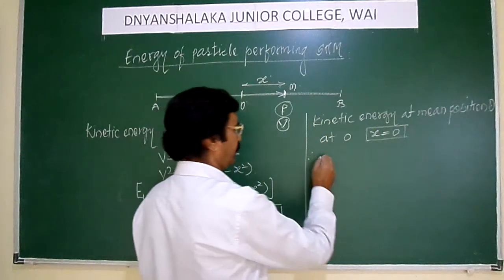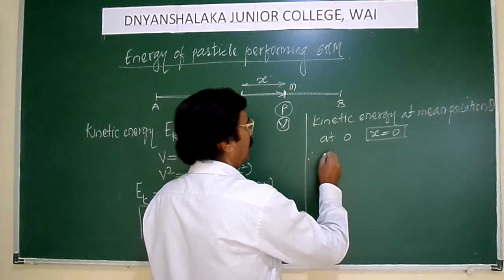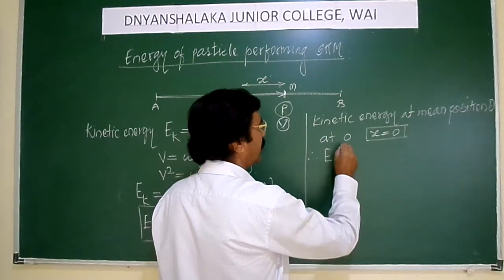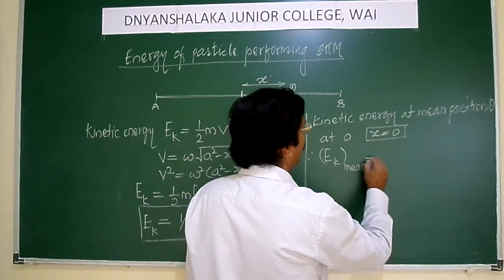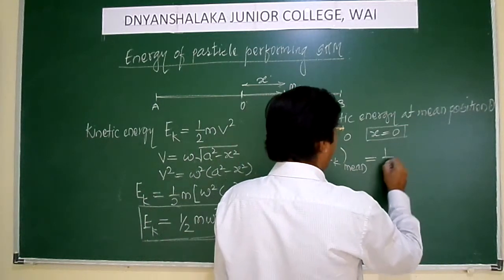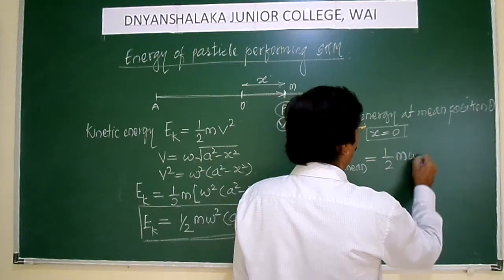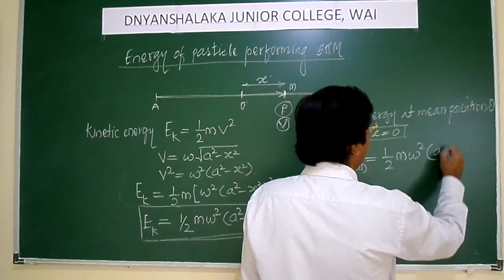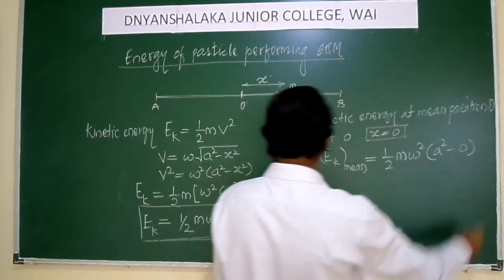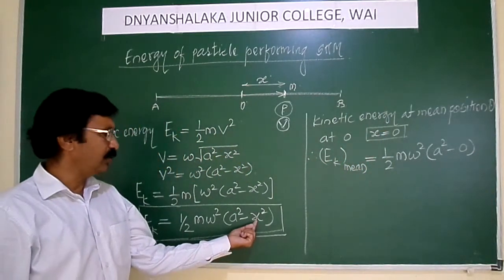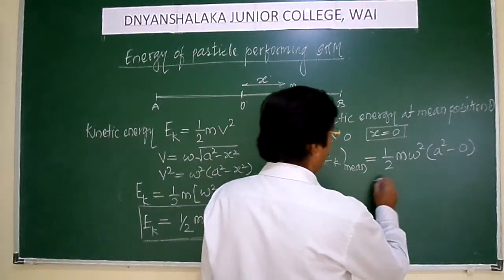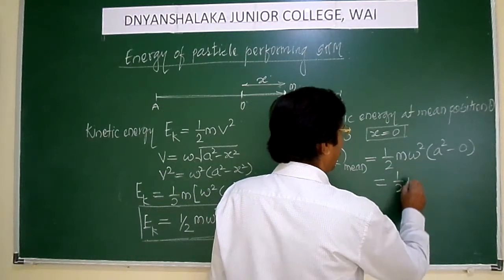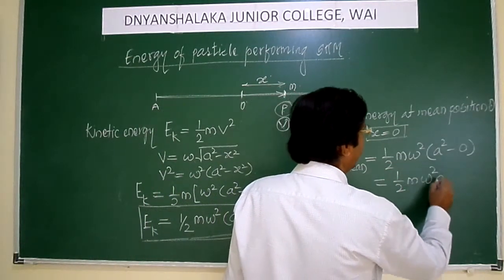Therefore, Ek at mean position will be 1/2 m omega square a square minus 0, because x is 0, 0 square will be 0. So this becomes equal to 1/2 m omega square a square.